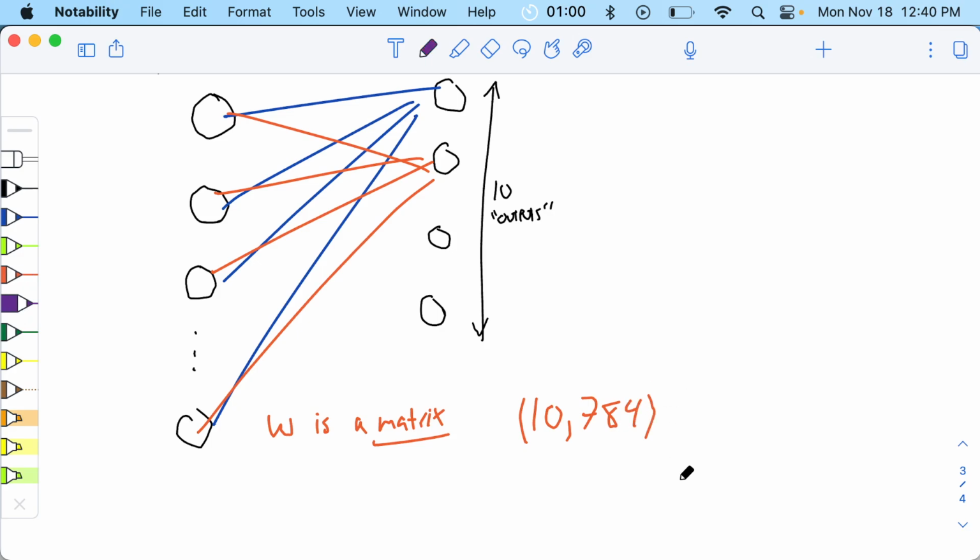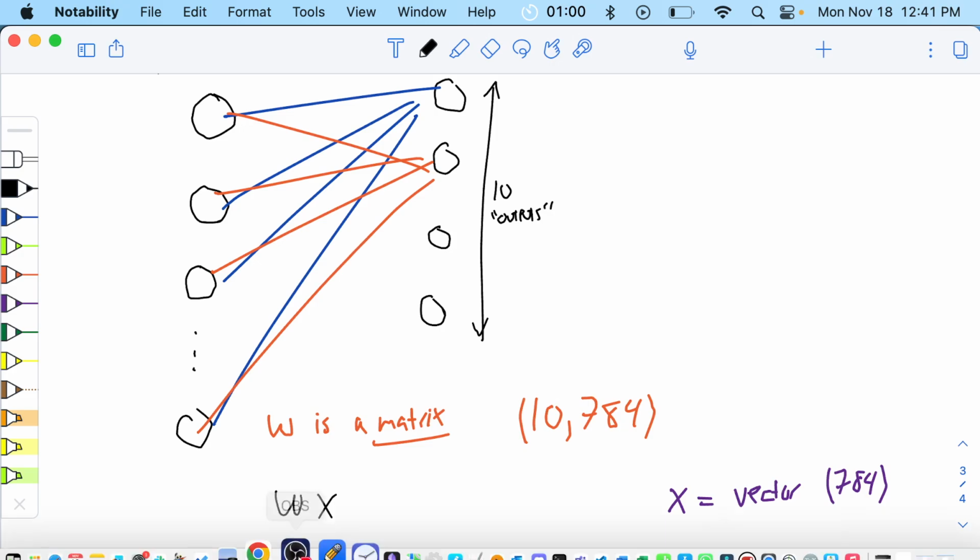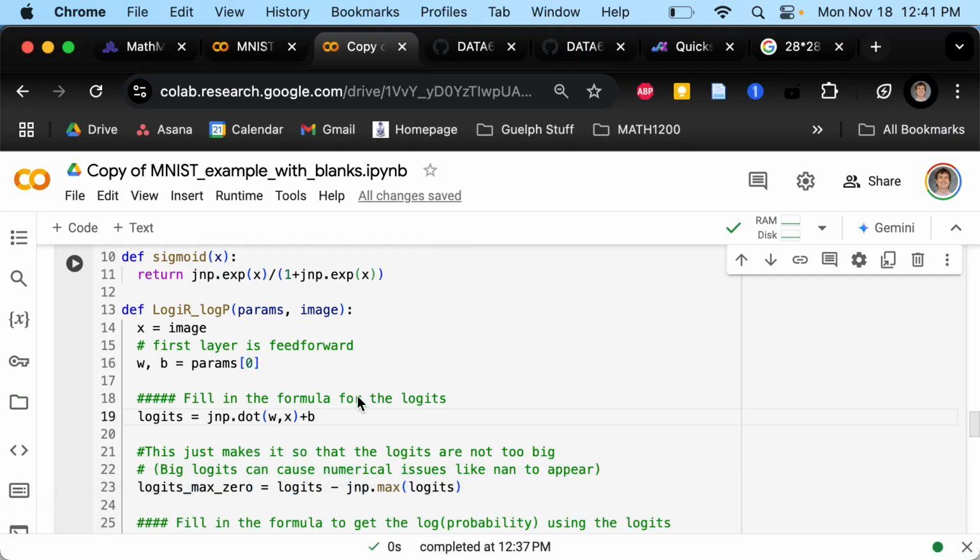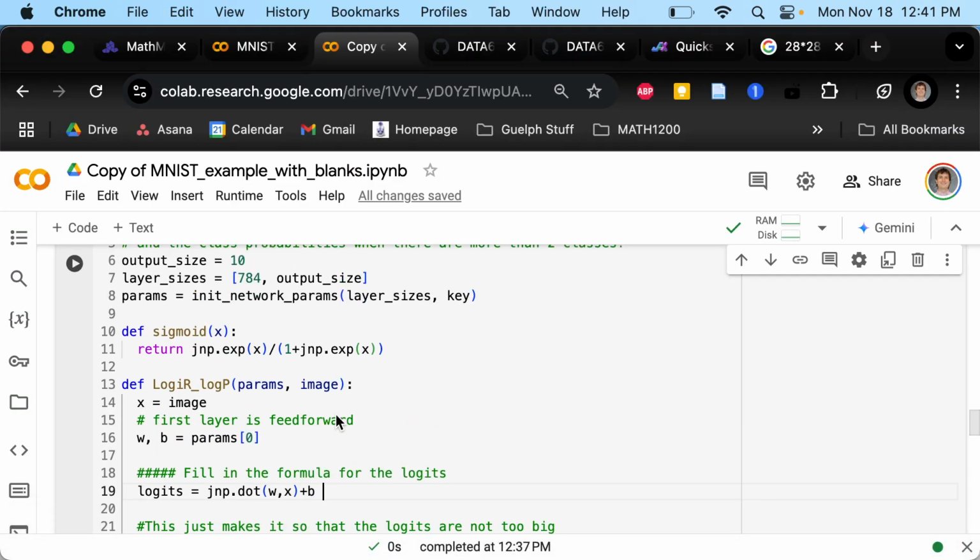When you multiply by the vector x, which is of size 784, as matrix multiplication, you get a vector of size 10, and the biases are size 10. So this is the right way to get the logits. Okay, there's no 0. Questions about that?